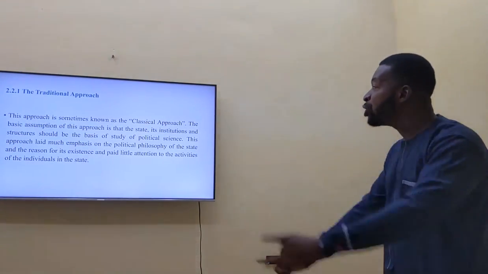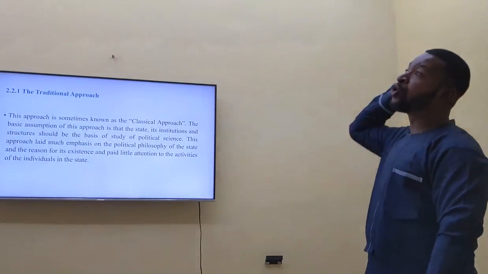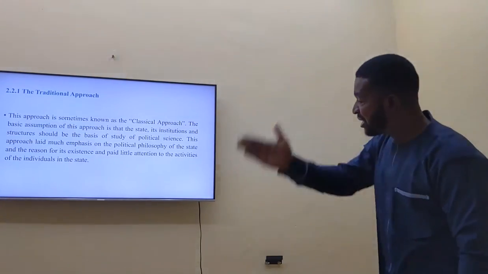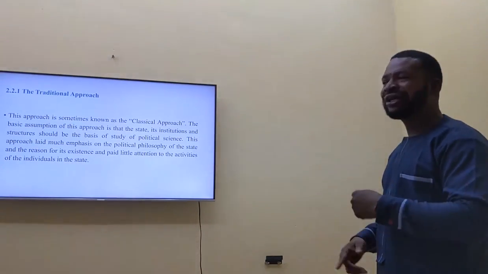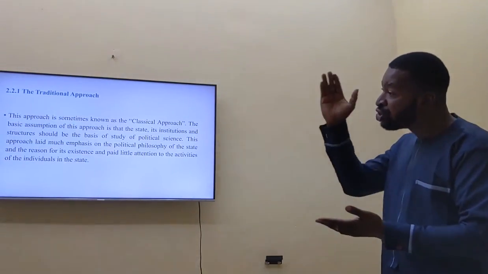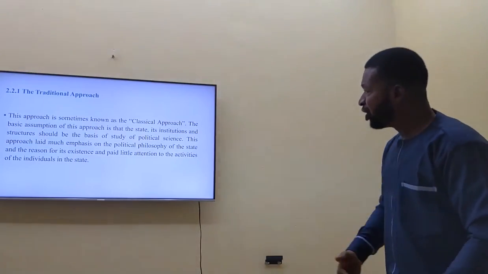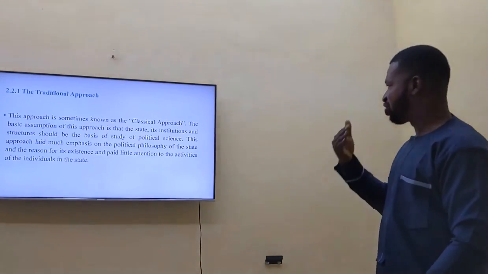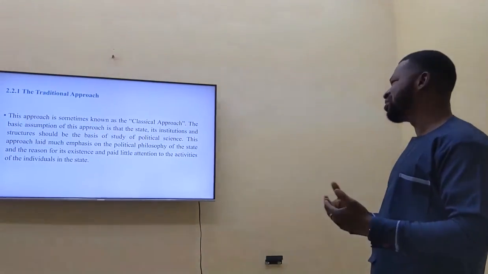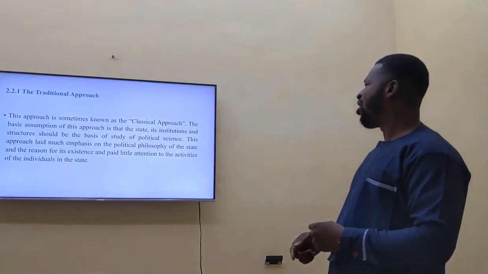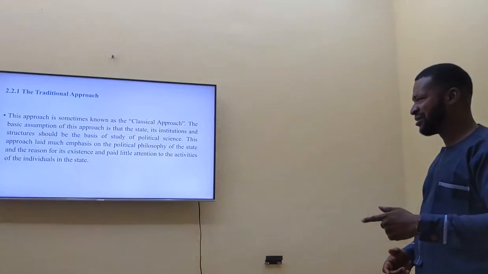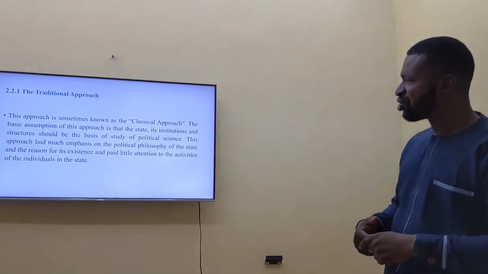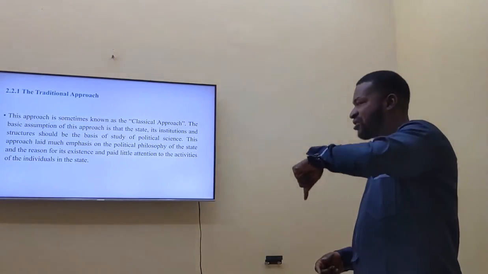It believes that while studying political science, the concentration should be on the state, its institutions and structures. This approach lays much emphasis on the political philosophy of the state and the reason for its existence, but it pays little attention to the activities of the individuals in the state.